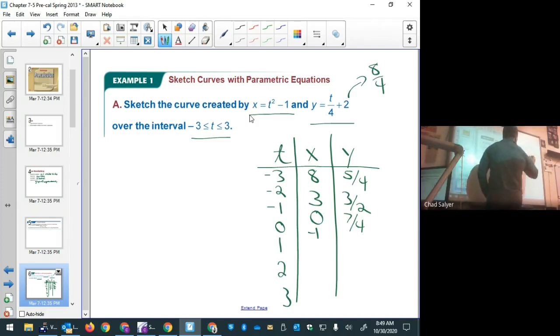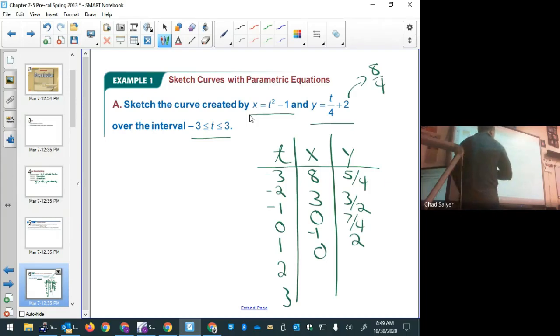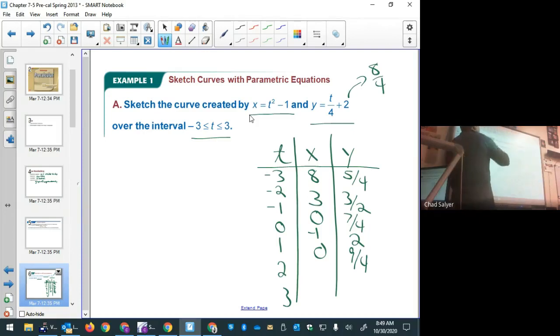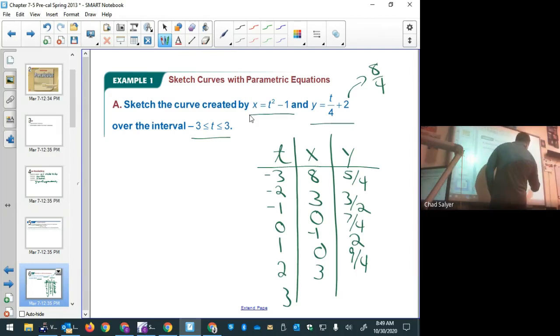And then 0 plus 2 is 2. 1 squared minus 1 is 0. And then 1 over 4 plus 2 is 9 fourths. 2 squared minus 1 is 4 minus 1, or 3. Notice the quadratic symmetry here with the x's. And then 2 over 4 plus 2, 10 over 4, 5 halves.